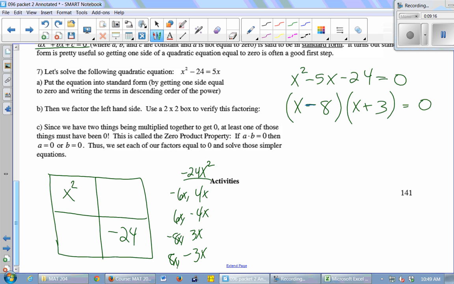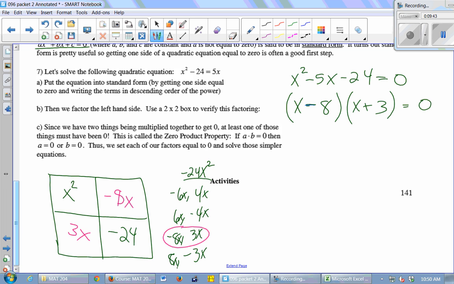Yep. All right, and we are looking for a set of factors that adds up to the middle term here, the negative 5x. So that would be your negative 8x and your 3x. They add to negative 5x. Okay, so then I put in negative 8x and 3x, and it doesn't matter where I put them. Either box is fine.